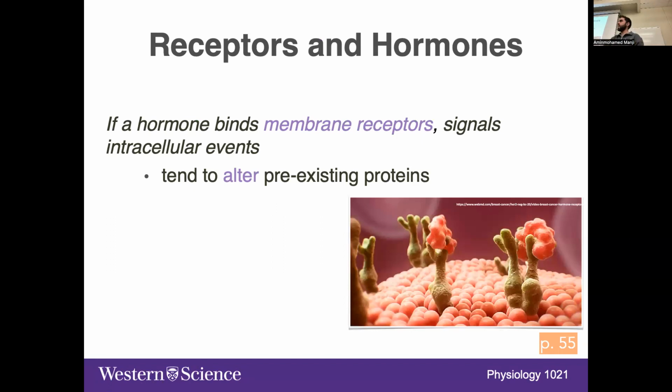So if we think about ADH, for example, in the renal section, what did ADH do? Remind me. We talked about it before, right? When I was dehydrated, what did ADH do? Yeah, exactly. It's going to reabsorb water in the collecting duct. So what exactly does it do? Well, it's going to bind to receptors on the cells of the collecting duct, and that's going to signal to the collecting duct cells to move aquaporin.